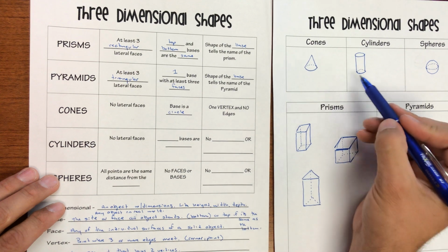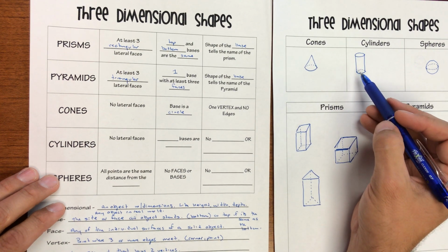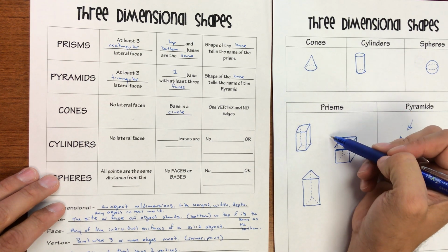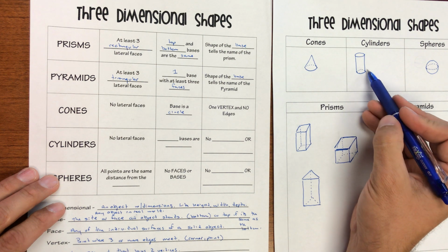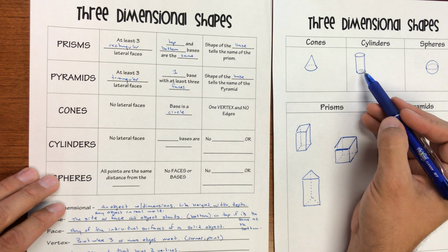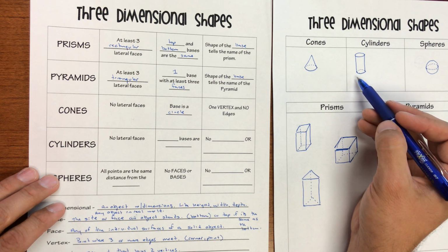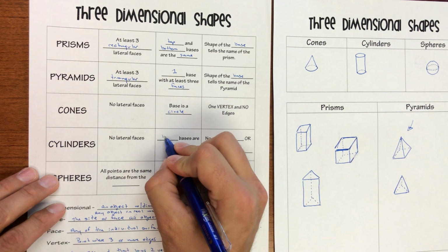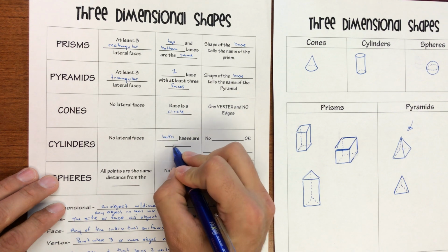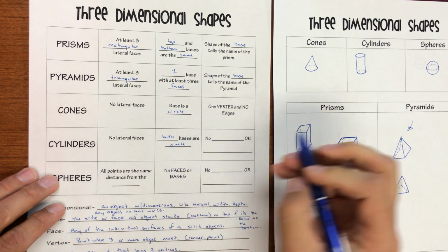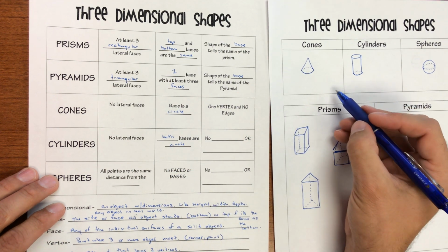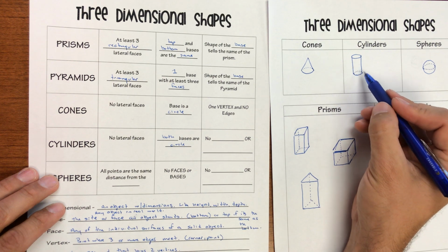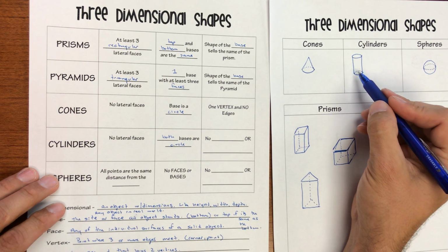Okay, cylinders are this one right here. They're unique because they're like prisms, but they have a special name, cylinder, because the base on top and the base on bottom are both circles. So both bases, we can write that in right here, both bases are circles. Top and bottom are circles. There are no lateral faces. There's no faces on the outside edges, on the sides of it.